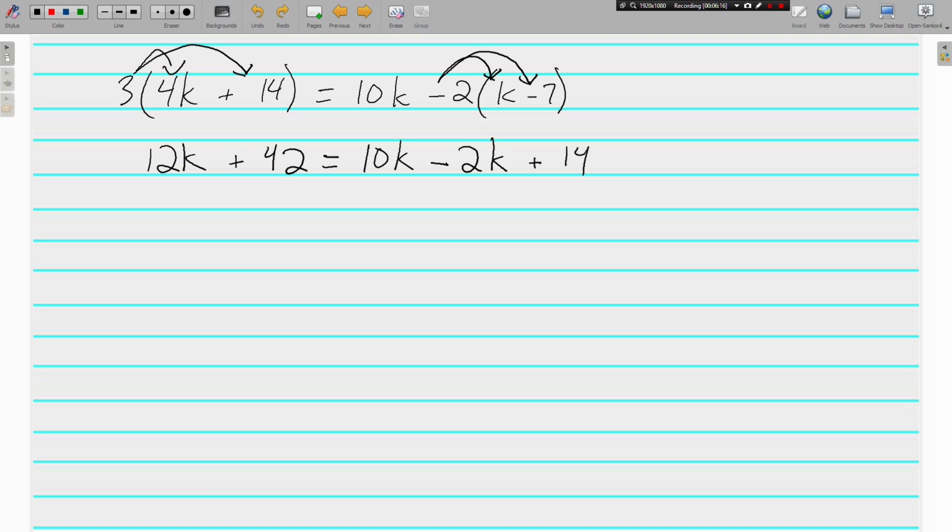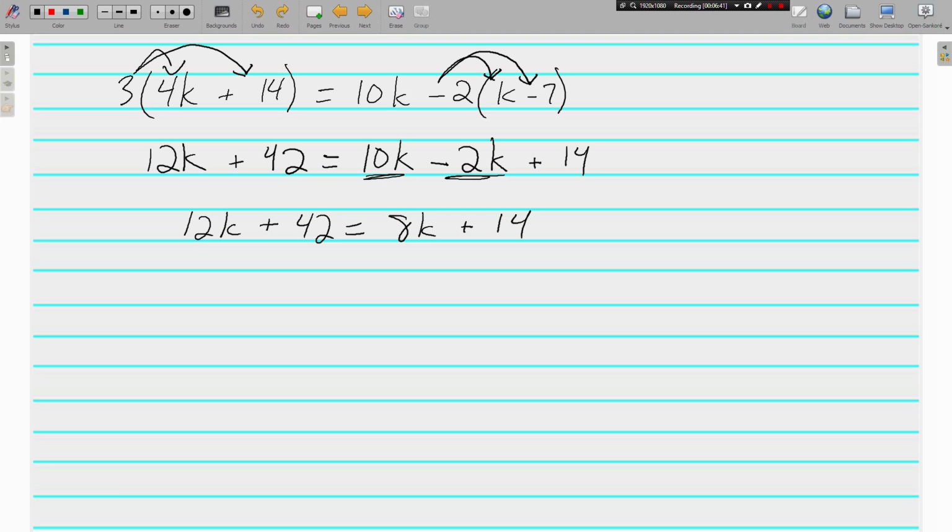Again, here on the right side, there is some simplifying that we can do before we start undoing. We've got a 10k and a negative 2k. So let's get the left side ready to go here. 12k plus 42. 10k minus 2k is 8k plus 14.